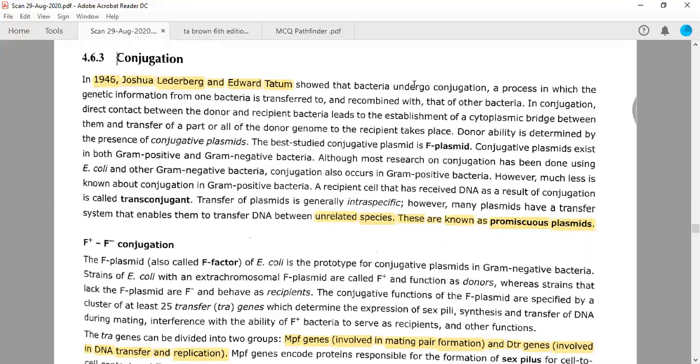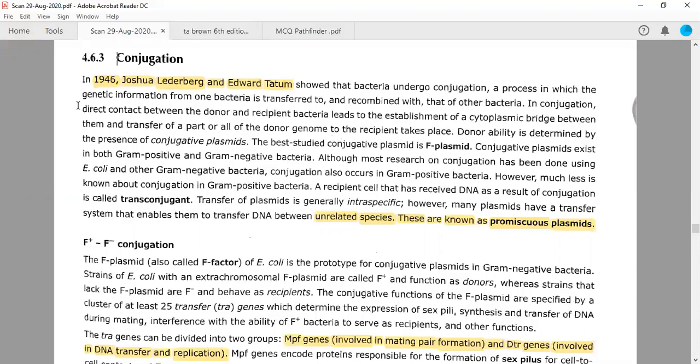They showed that bacteria undergo conjugation, a process in which genetic information from one bacterium is transferred to and recombined with that of another bacterium. So not only are they able to transfer the genes or plasmids from one bacterial cell into another, they are also able to recombine with their chromosomes so that they will change the phenotype of that particular bacterial cell, which is called recipient. So here also we will have two cells, one is donor, one is recipient cell.